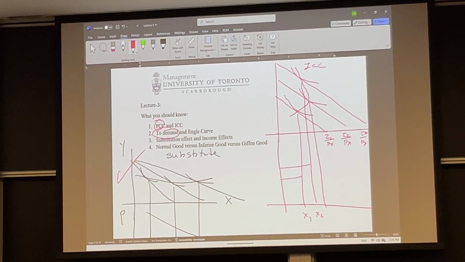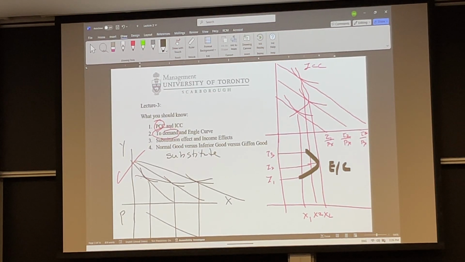That is the last level of income, and that is how much you consume. If you connect those dots, that will be called the Engel curve. So the Engel curve will look like demand.